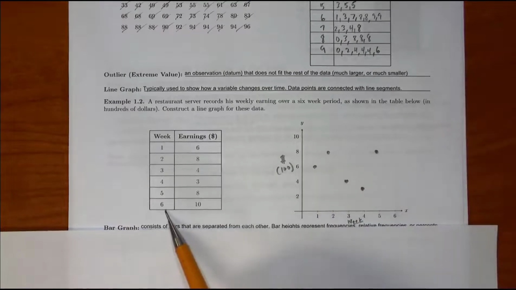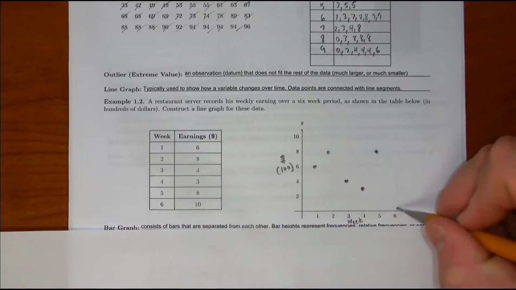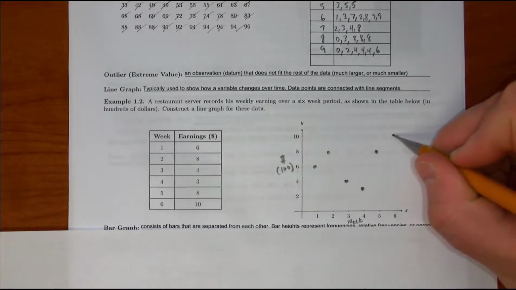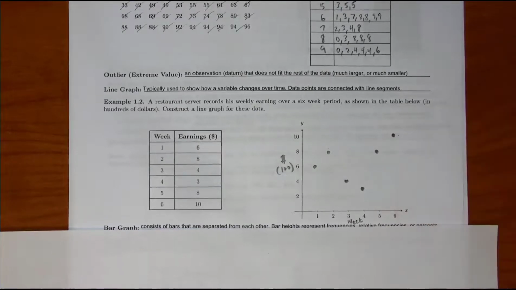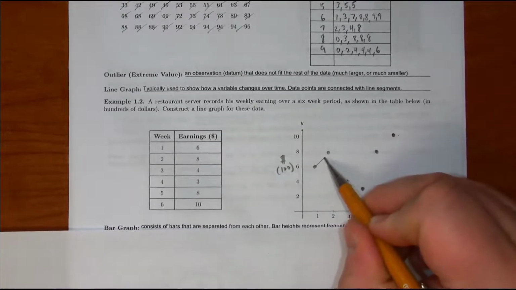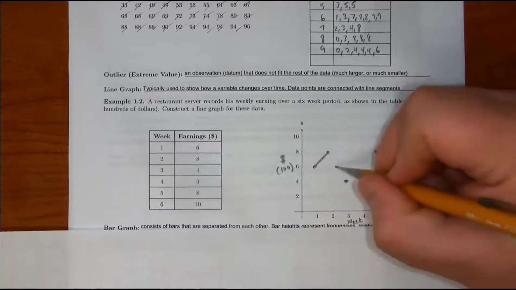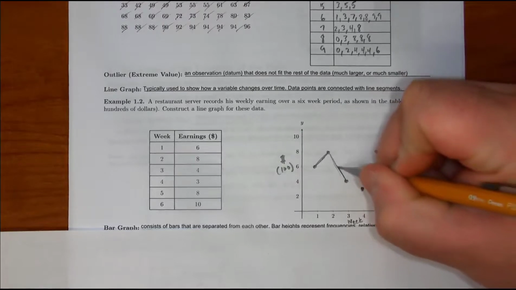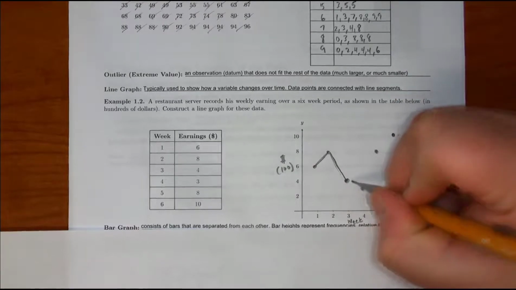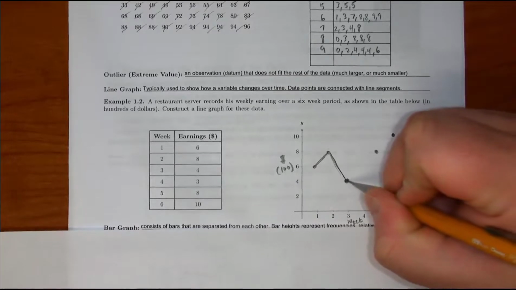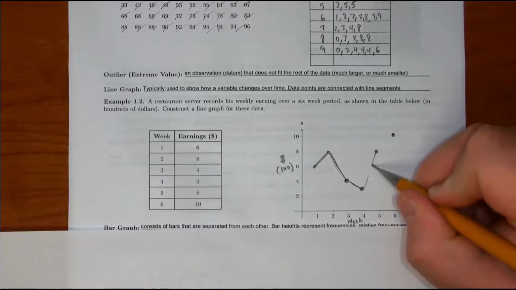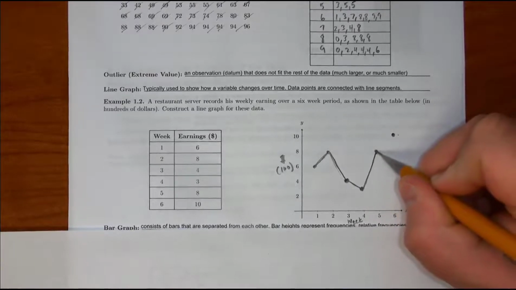And then week 6 made $1,000, so that's a 10. So above 6, we're going all the way up to the top. And then with the line graph, what you do is you just connect with line segments. So it shows how the variable, in this case weekly earnings for a server, is changing over time.